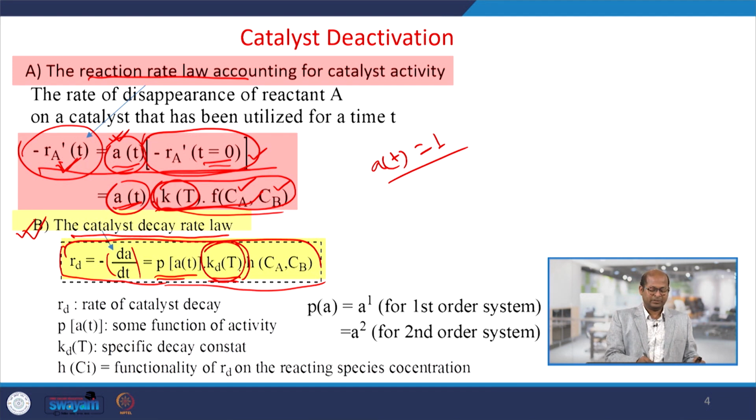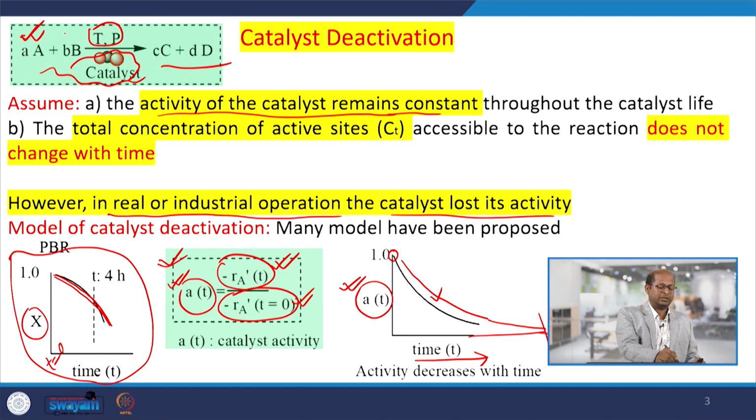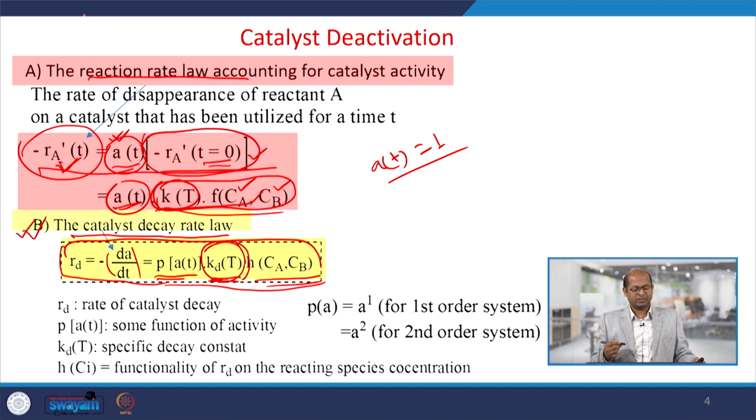For that we express the deactivation rate constant k_d as a function of temperature and some concentrations too. Reactant species depending upon, let us say, some poisons inside the feed stream, or reactant concentrations that also take part in the reaction, would also come into the catalyst decay rate law.